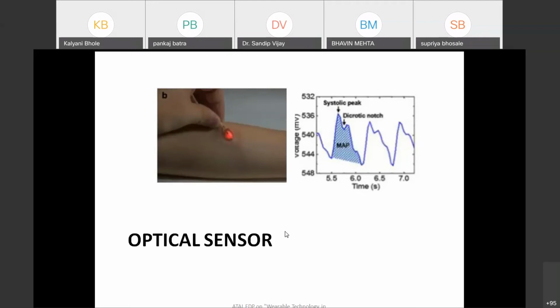Okay, so one example of an optical sensor is a simple IR transmitter and receiver pair used for measurement at the tip of a finger.